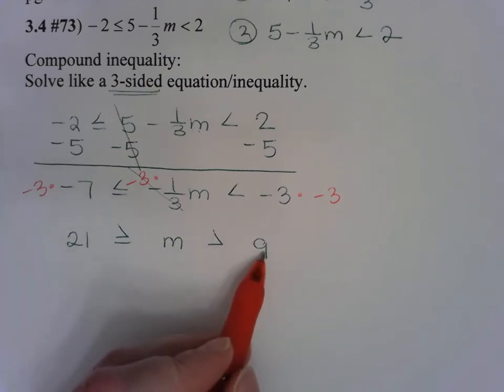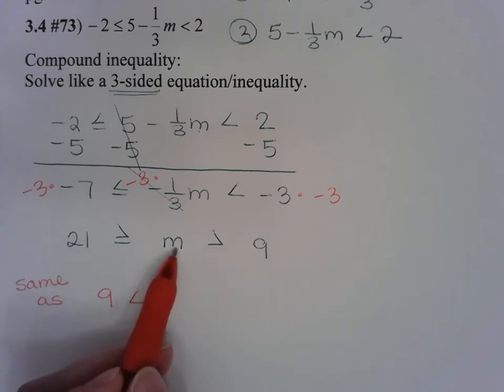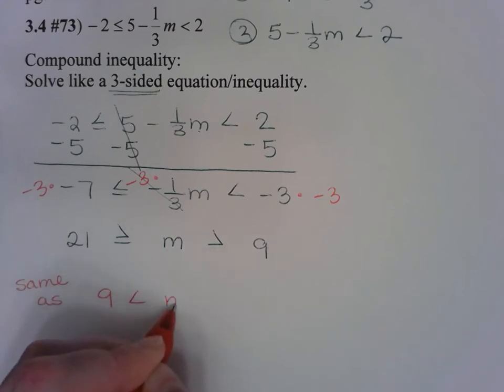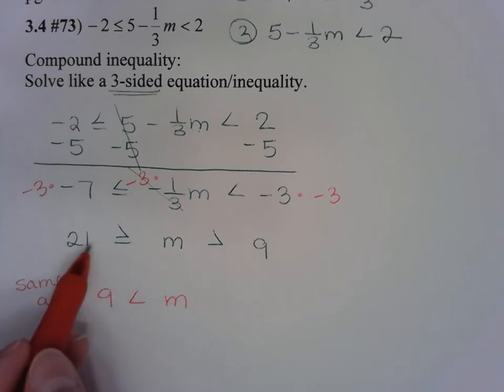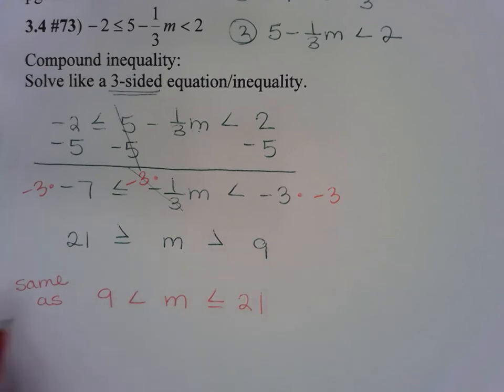So 9 is the smallest. So this is the same as... Okay, and bigger than 9 is m. And then bigger than m is 21. I have struggled with this a little bit when I was learning it, so I always make sure that the inequality symbols are still pointing at the same numbers.